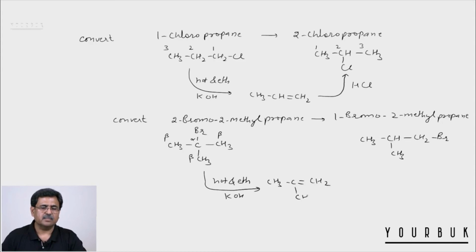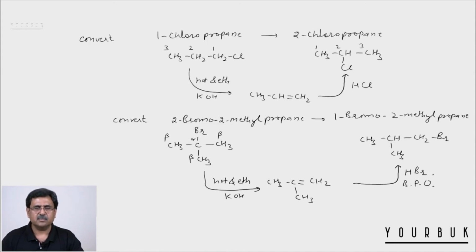In the second step, you add HBr according to the anti-Markovnikov rule, because our aim is to add bromine at the number 1 carbon, which already contains more hydrogens. So we write HBr and then benzoyl peroxide. Any peroxide can be used.